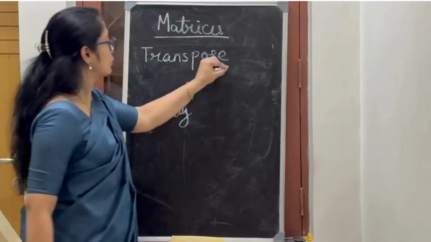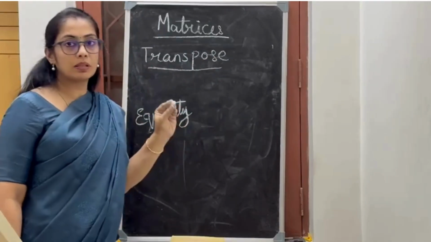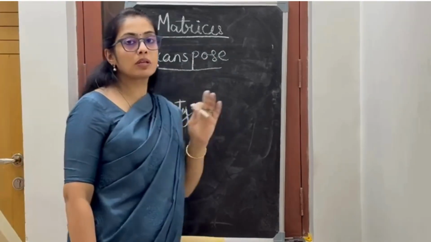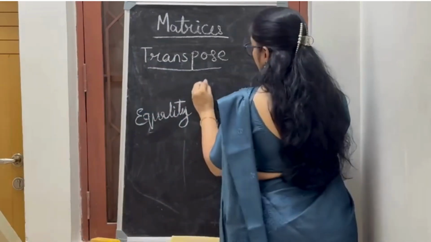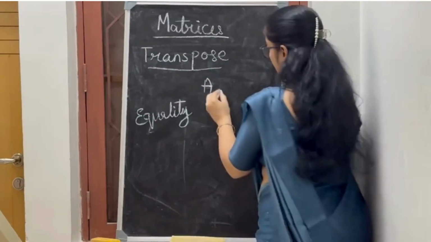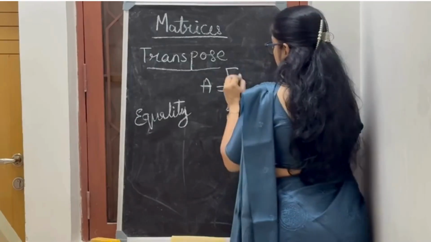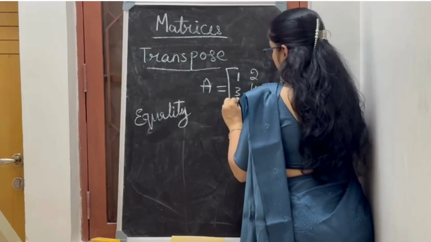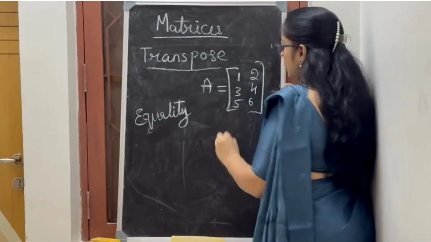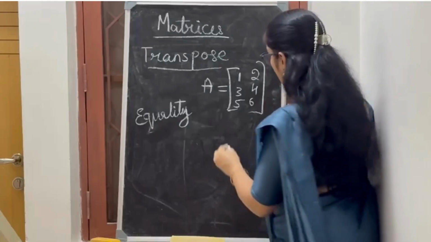Next is the transpose matrix. What does this mean? It means the number of rows and columns should be changed. Example, matrix A has 1, 2, 3, 4, 5, 6. It has 3 rows and 2 columns.